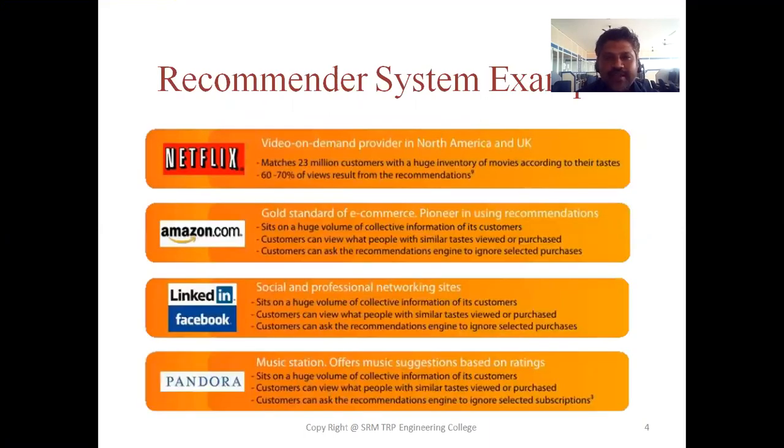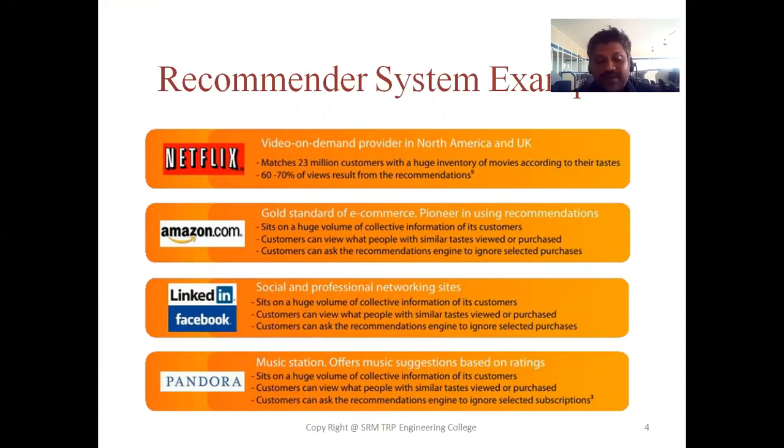The familiar examples of recommender systems are, the first one, Netflix. Here, Netflix recommends based upon the viewer's past history, in a particular genre. The second one, Amazon.com. They are recommending products and services based upon the previous purchase history of the user. The third one, social and professional network sites like LinkedIn and Facebook.